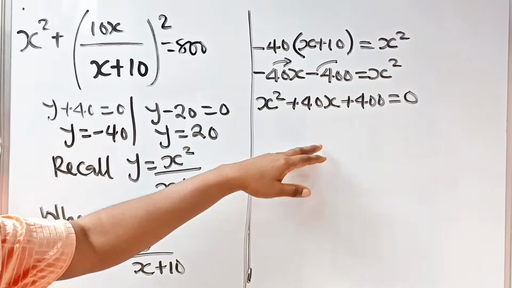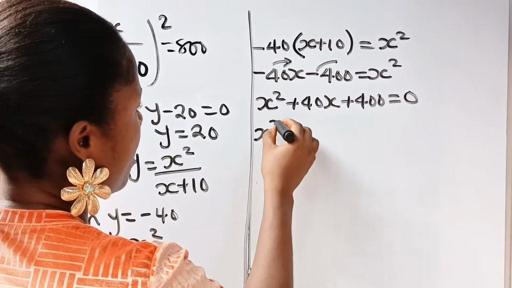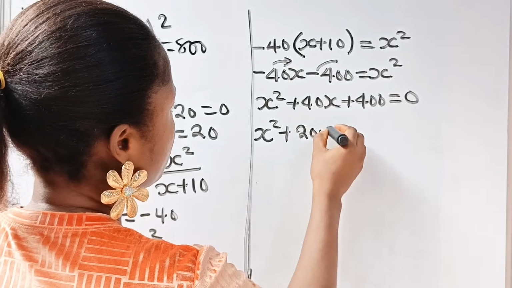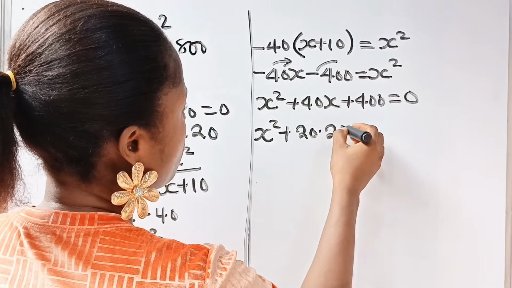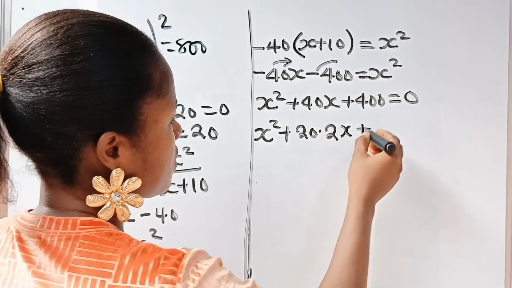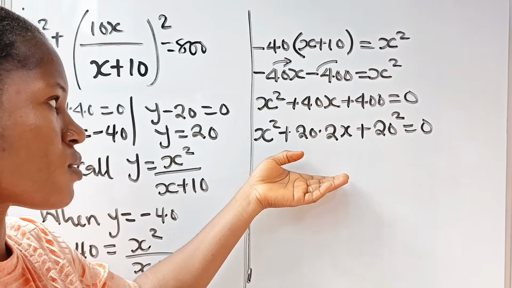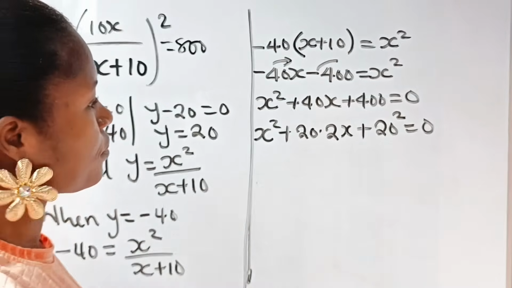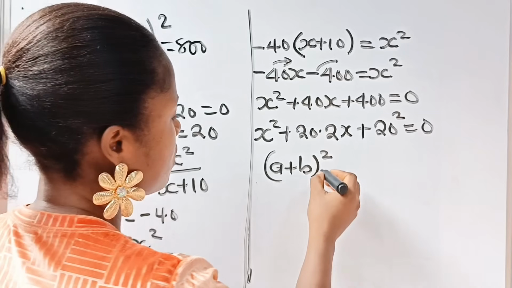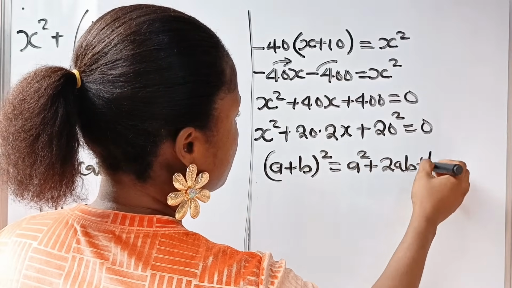All right? And those two factors are, we can express this as x squared plus, now 40 is the same thing as 20 multiplied by 2, so multiply by x plus 20 squared is equal to 0. So I want to use another method to factorize. Now remember that a plus b all squared is equal to a squared plus 2ab plus b squared.